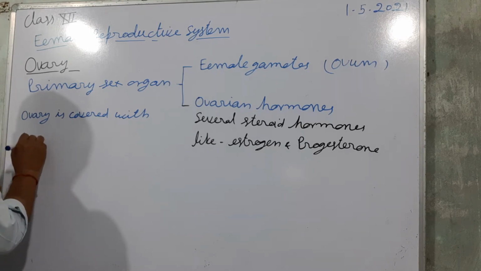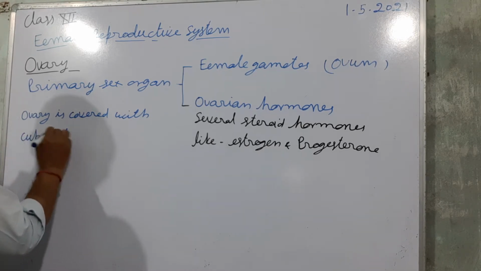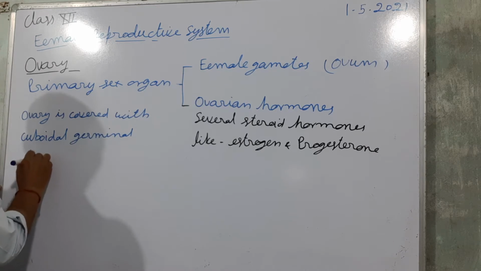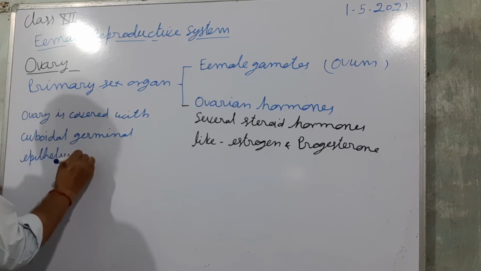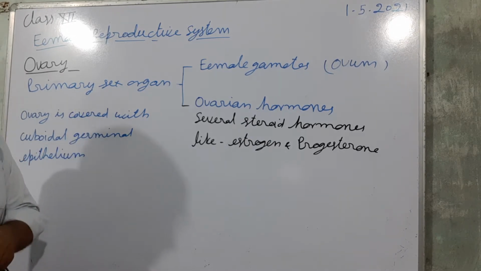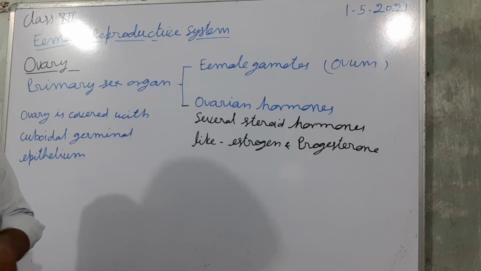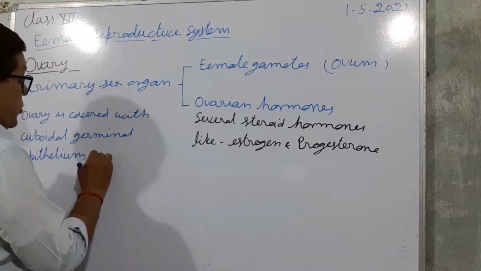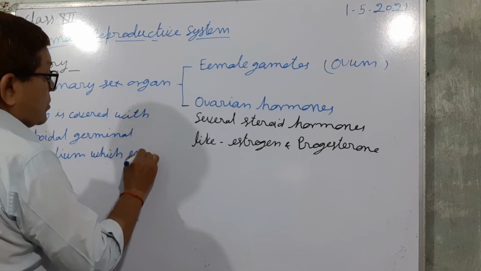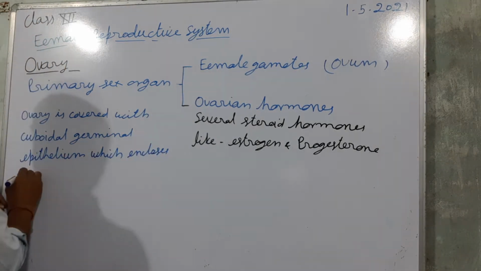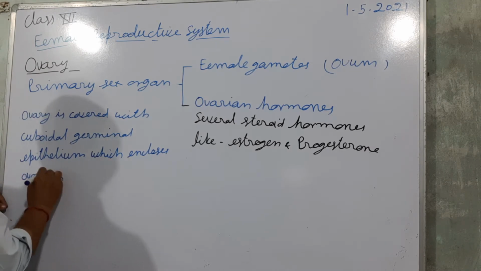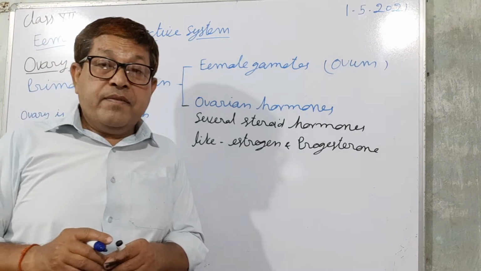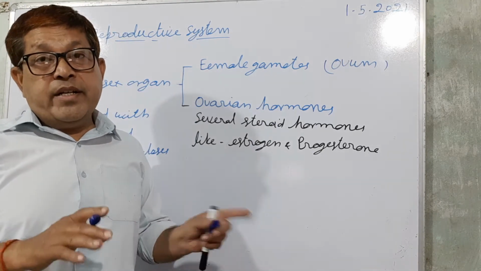which encloses the ovarian stroma. This stroma consists of two regions, outer and inner.